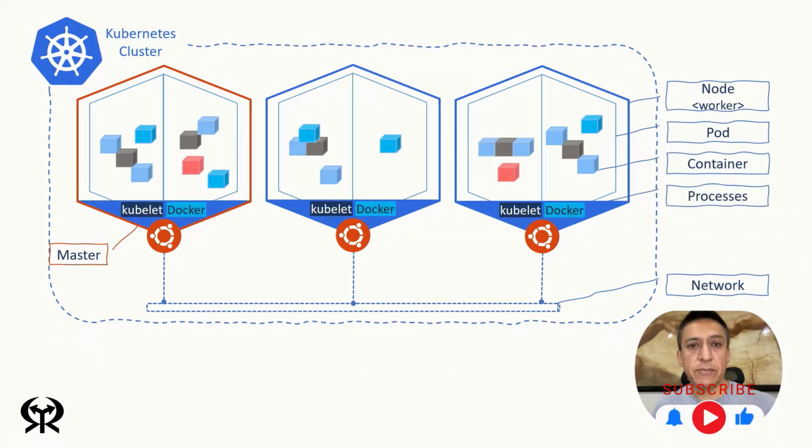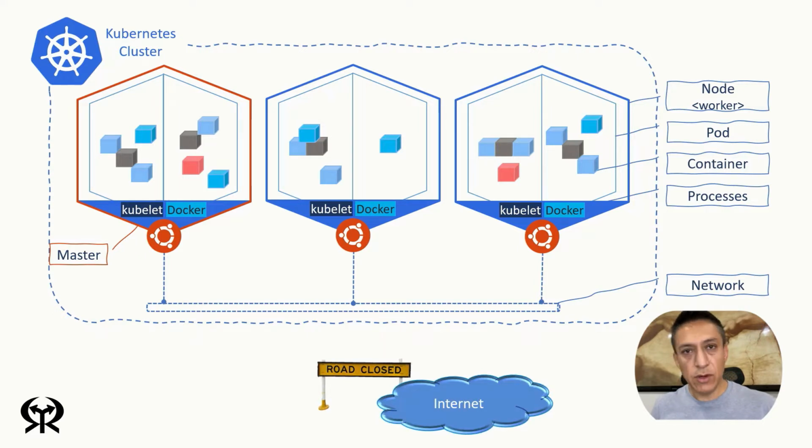Of course, among all the processes that are running in the VM, there is the kubelet, which is in charge of running these pods, and we are going to need a container runtime engine. We have different options, but we are going to use Docker in this case. Remember, we don't have access to the internet, so how can we install the cluster without access?